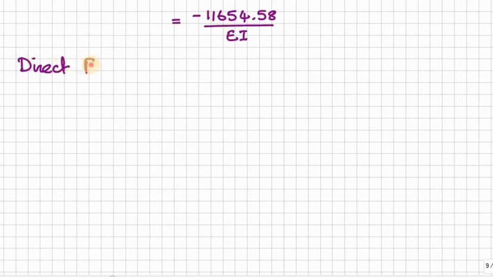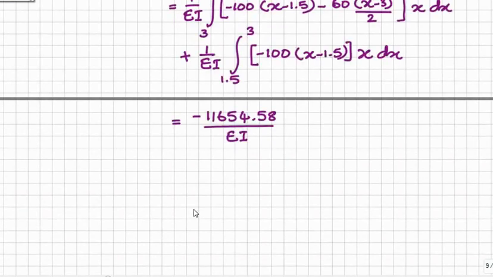Both are non-zero. So this is equal to minus 11654.58 divided by EI. So we have only two system coordinates and we have calculated the deflection due to loads at both system coordinates.